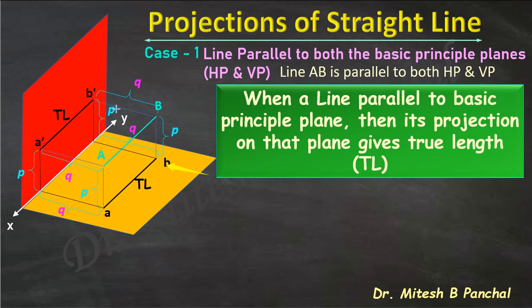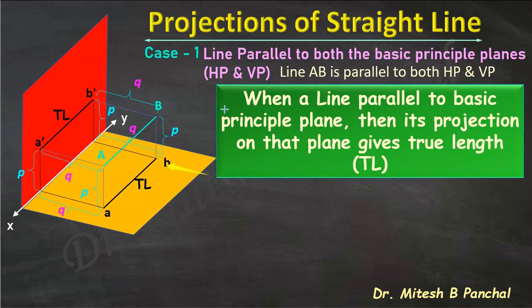In orthographic projections, as I have already told you, both the projectors are parallel to each other. That means the length of the projection, that is A dash B dash, is the same as the original length of the line AB. It means the projection here gives the true length.